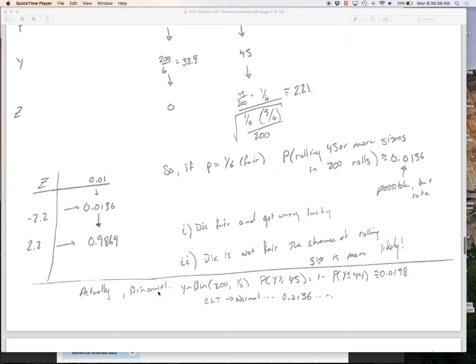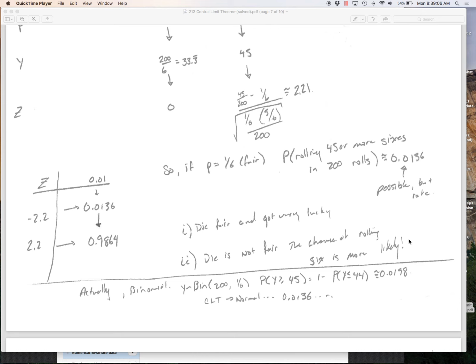This situation is really binomial, where we've got 200 tries and the probability of success is 1/6. We're looking for the probability that y is greater than or equal to 45, which can be calculated by doing 1 minus the probability of less than or equal to 44. When you do it as an actual binomial, you get the value 0.0198.